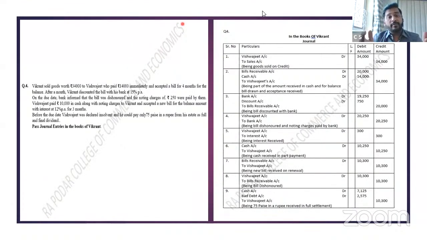You have to charge interest proportionately, and the proportionate amount of discount needs to be calculated. So be very particular about how many months interest is to be charged and how many months discount is to be calculated. That is important.